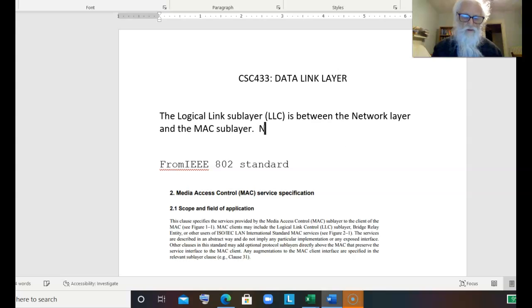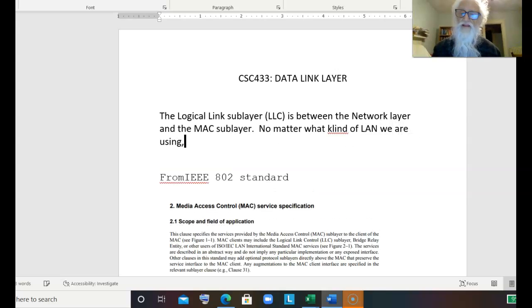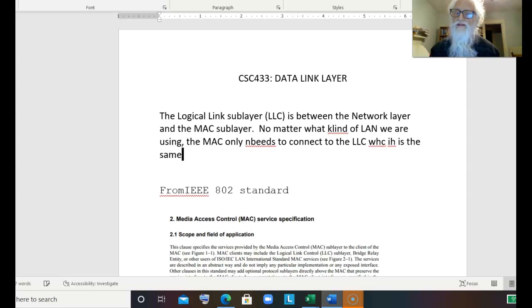So no matter what kind of LAN we are using, the MAC only needs to connect to the LLC, which is the same no matter what, the same for all the different kinds.